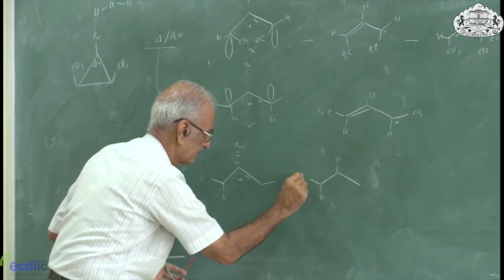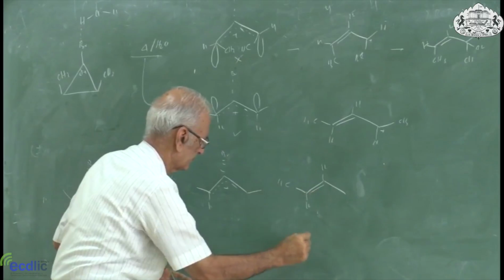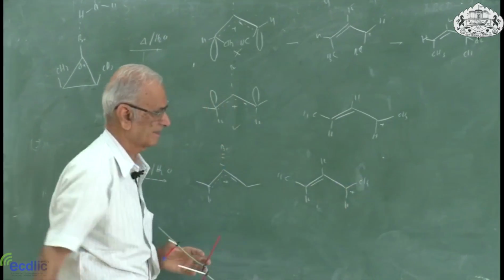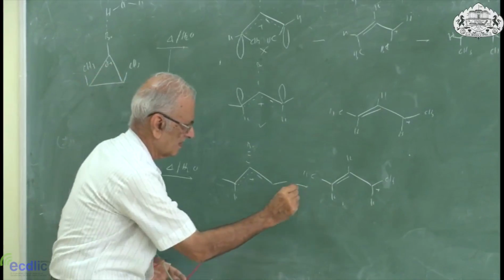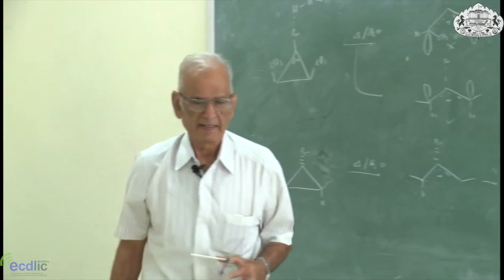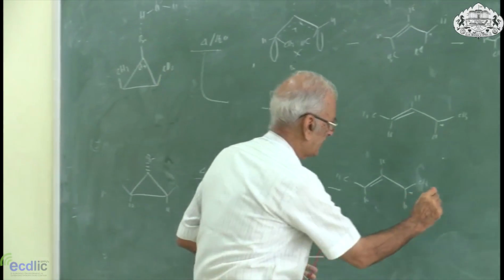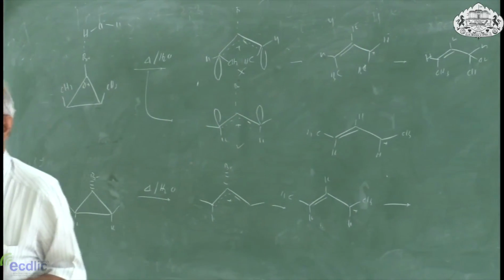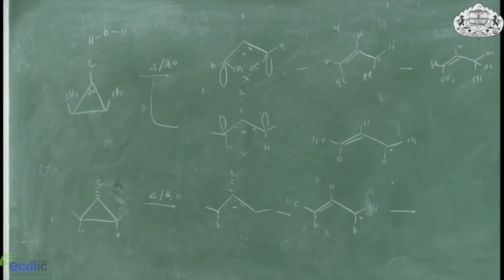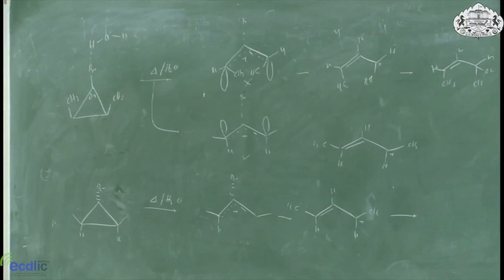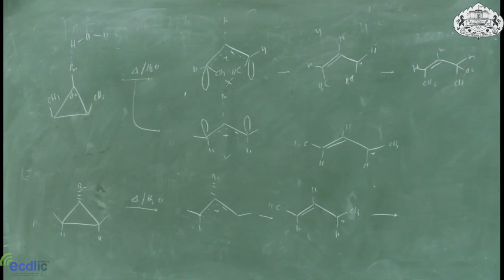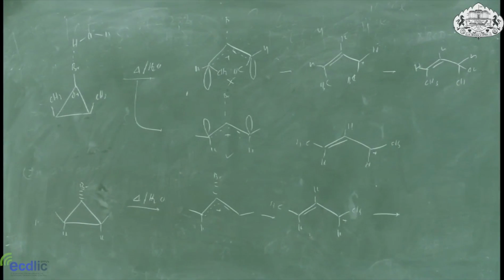Hydrogen, and I complete this, attack it. Water now has a second role: first role helping to polarize the carbon-bromine bond, second role it acts as the nucleophile and gives you the corresponding alcohol.